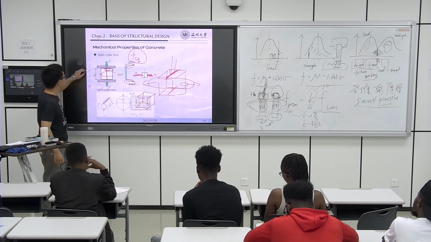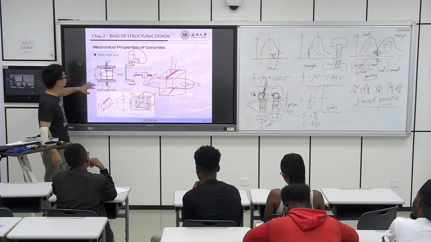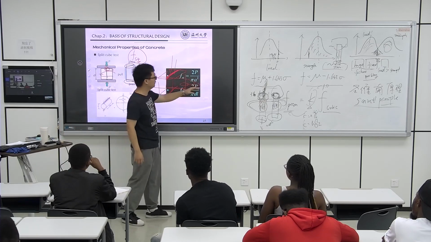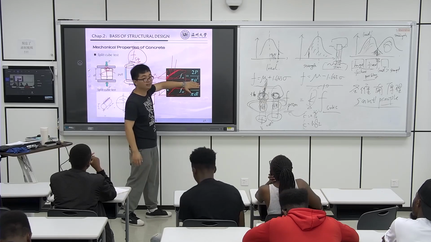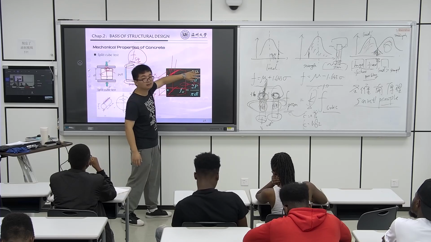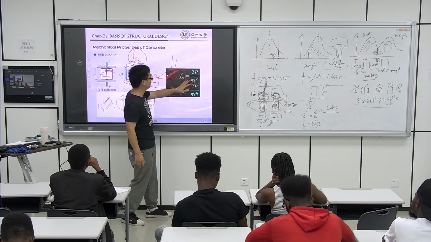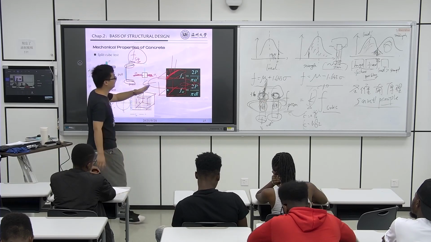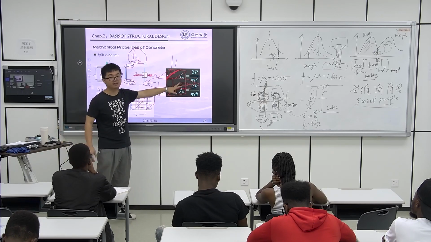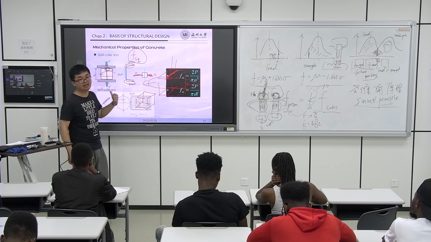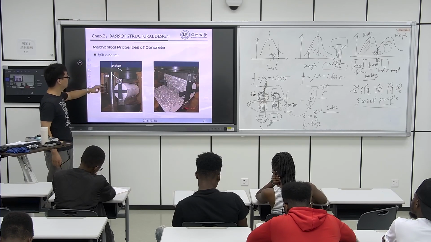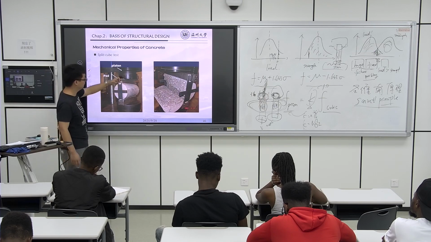And this is the cylinder specimen, right? Then we use this formula. This one is for the cubic specimen, and this one is for the cylinder specimen. Then use this formula and get the tensile stress, the FST, from this type of test. Look at here. This is the cylinder.